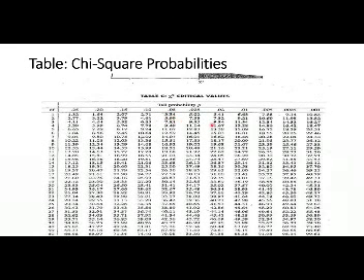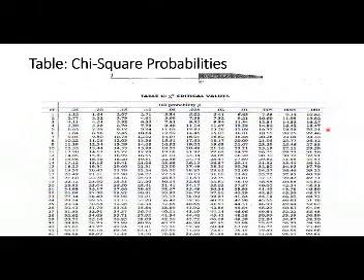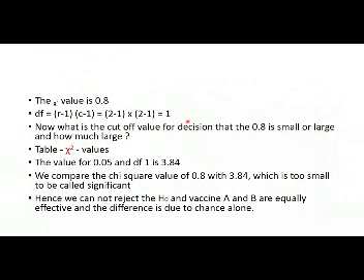With some more focus in the next slide, this is the degree of freedom, and 0.05 is the p-value. The critical value in the chi-square table is 3.84, and 0.8 is our test statistic.